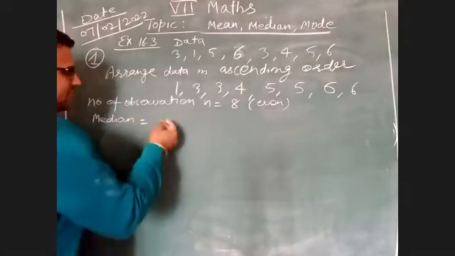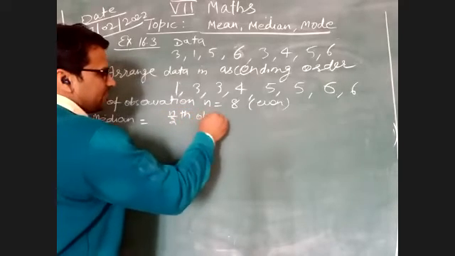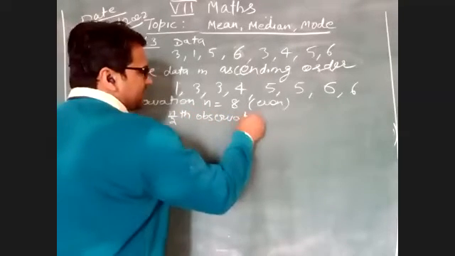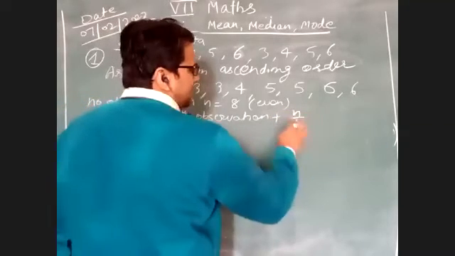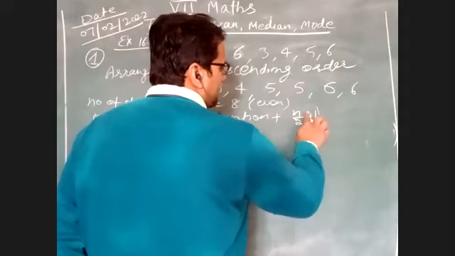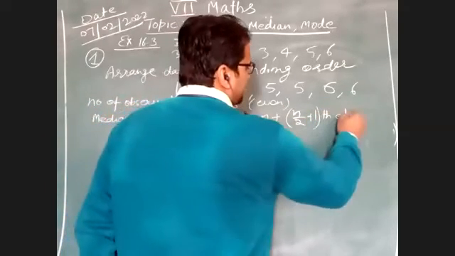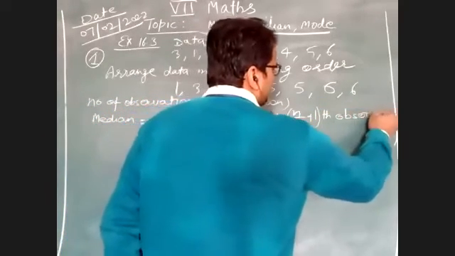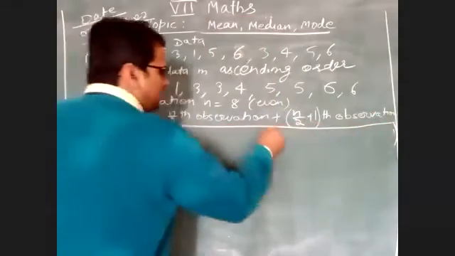Median will be equal to n by 2th observation plus (n by 2 plus 1)th observation, and divide by 2.